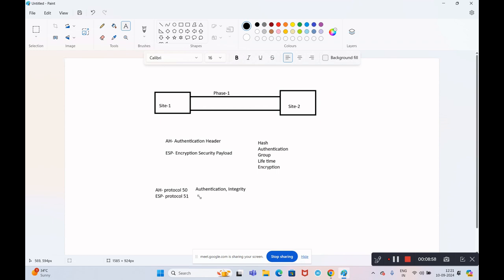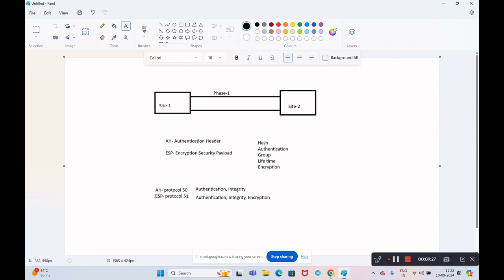But in ESP, along with authentication and integrity, there will be encryption. Authentication, integrity, and encryption will happen in the ESP protocol.